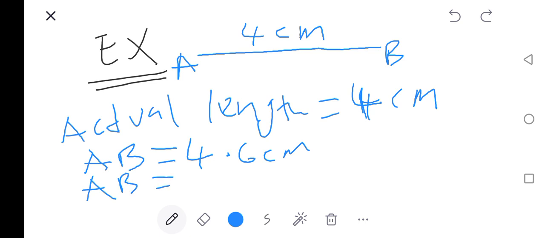She finds 3.8 centimeters. So the question I have for you, who is wrong, who is correct?